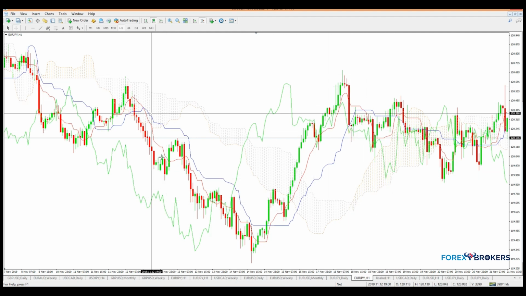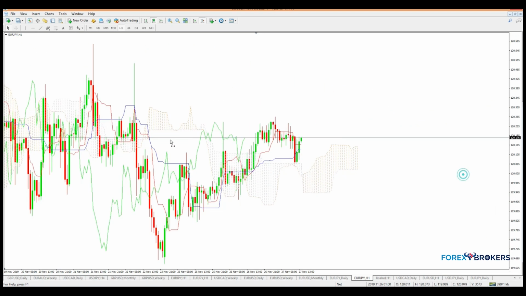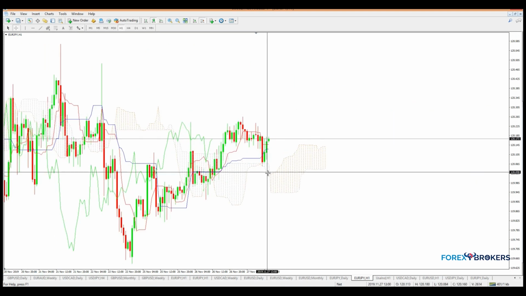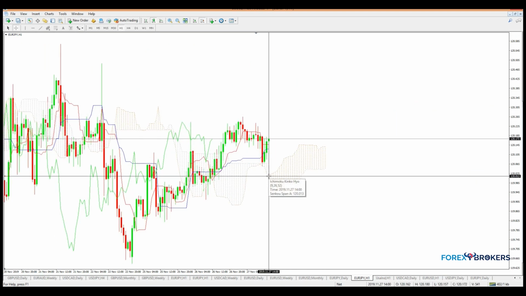Now it may not tell much here, but if you go at the current price, you will see that the indicator, the Ichimoku, projects the cloud 26 periods on the right side when compared with the current price, and the Chikou is 26 periods on the left side.